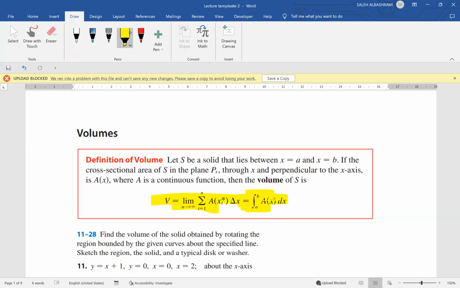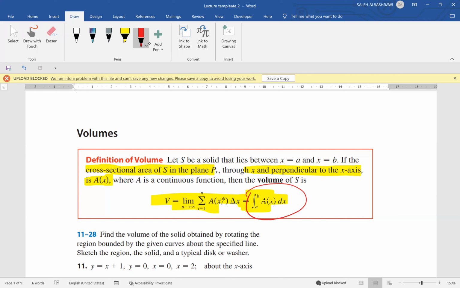If we are given S, a solid that lies between x equal to a and x equal to b, and the cross-section of S in the plane P_x through x and perpendicular to the x-axis, or in some cases the y-axis, is given by A(x) or A(y), where A is a continuous function, then the volume of S is given by the integration from a to b of the cross-sectional area.